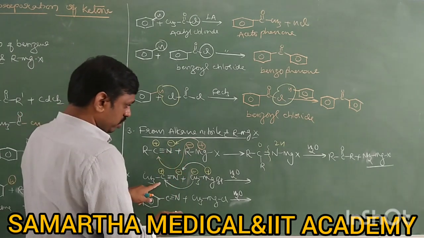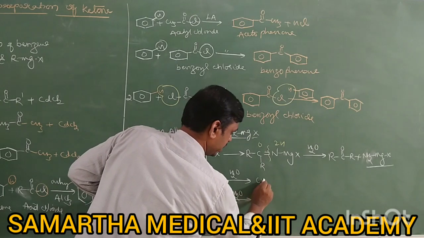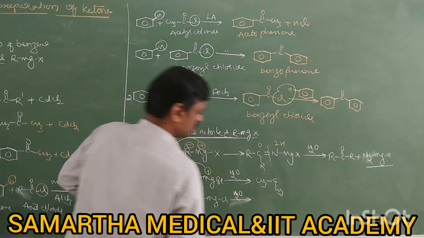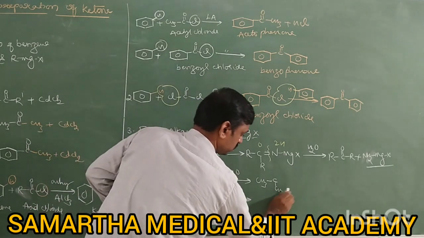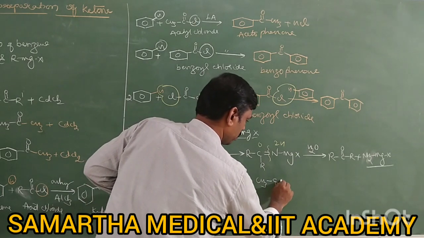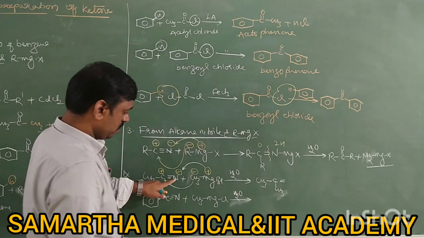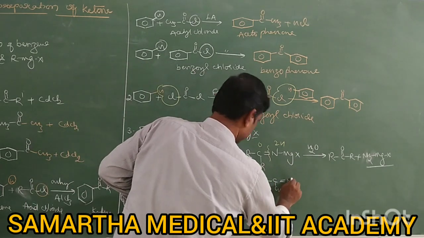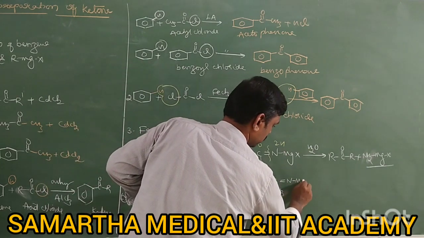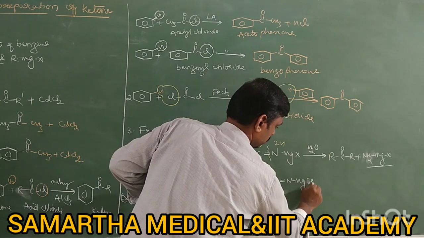You will get the intermediate, CH3 as it is, then here CH3 comes, the triple bond becomes a double bond, and N is attached to MgBr.